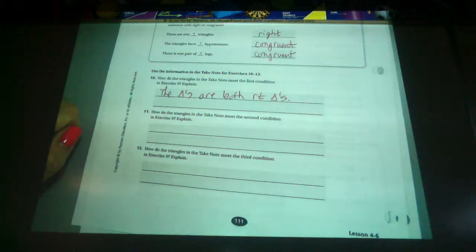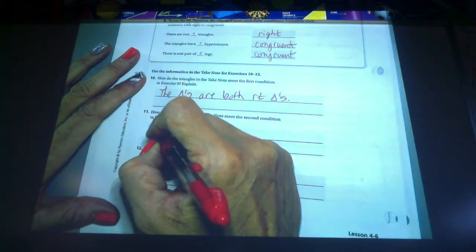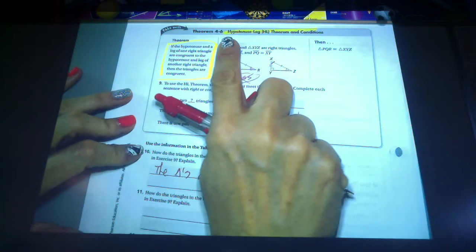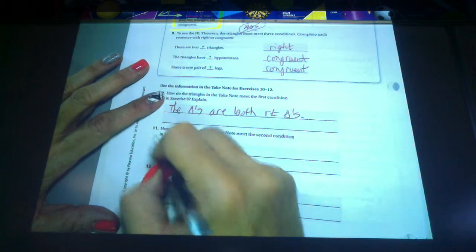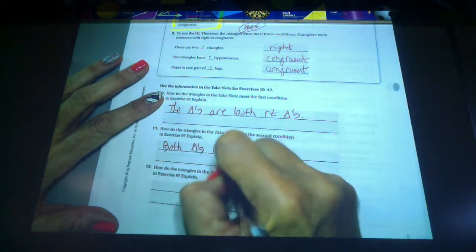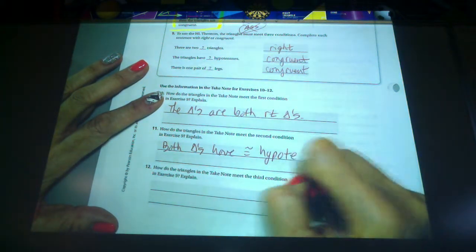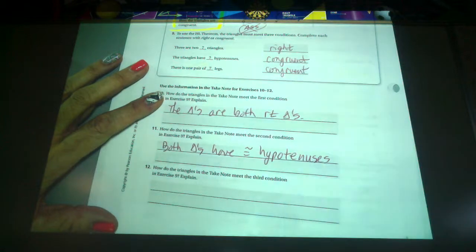And how do they meet the second condition? Which would be the H and the HL. What's the H and the HL? Hypotenuse, right? So both triangles have congruent hypotenuses.